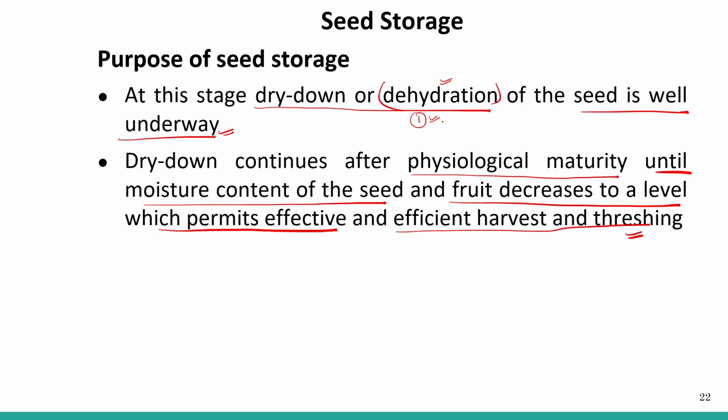If it is present, then it can harm the seeds. It can destroy the seeds. So all the seeds that are going for storage should be dried. The moisture content of the seed should be decreased. If we are storing the fruit, then also it should be decreased.